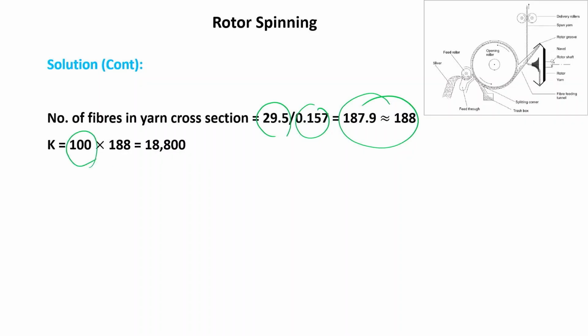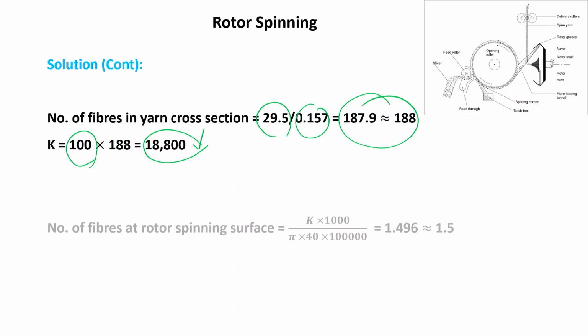From there we can calculate the constant K for the system. This constant, 18,800, is valid throughout the entire rotor spinning machine, and we can use it at any point of time.